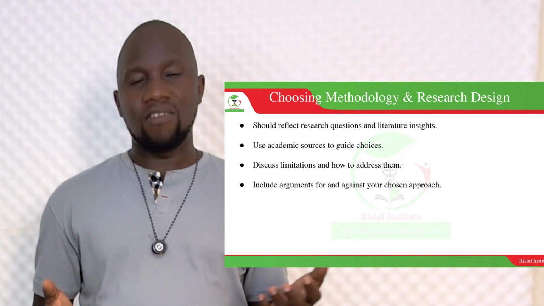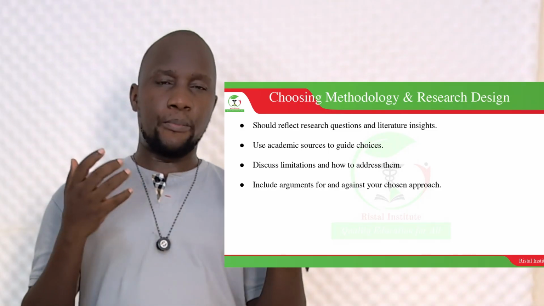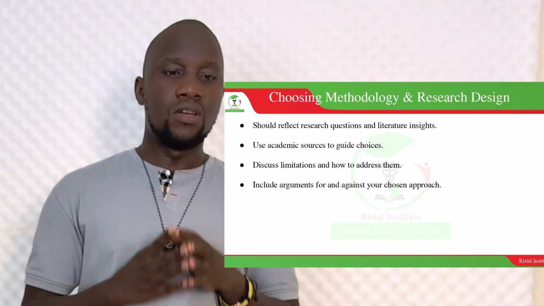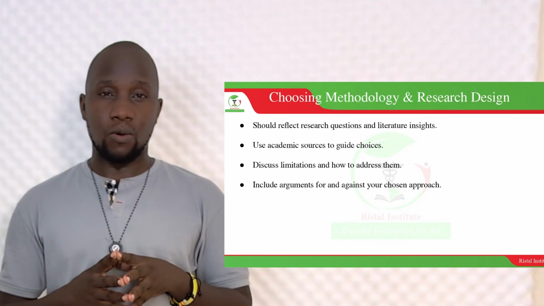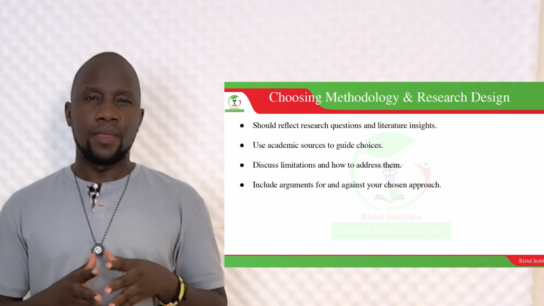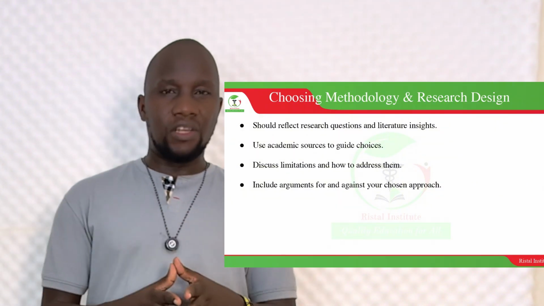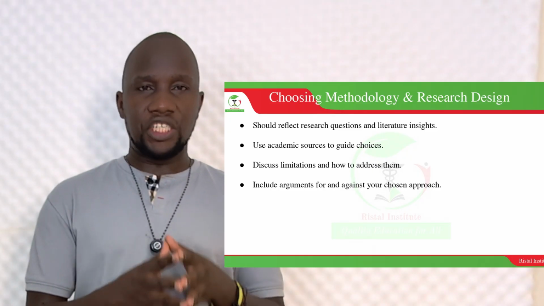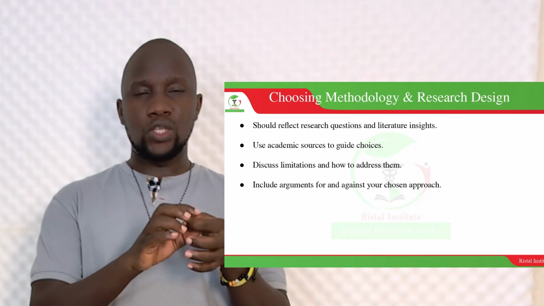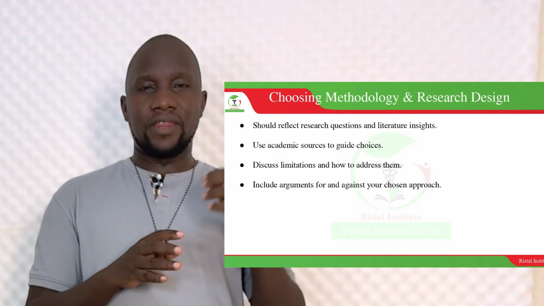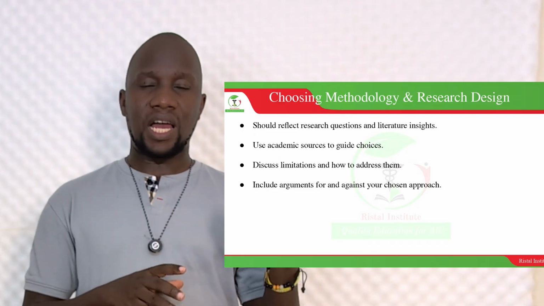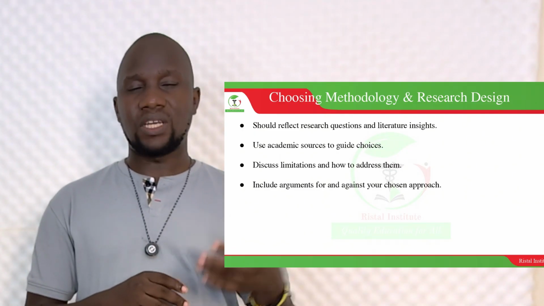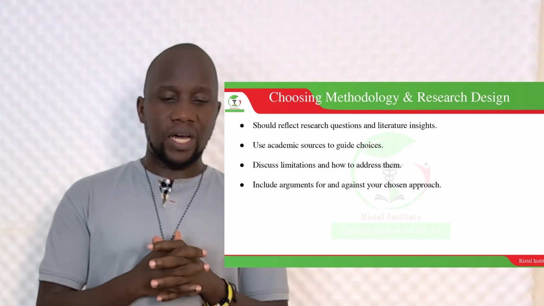Do you have a proper academic justification for what you're choosing? Okay. Still, literature review is very important, and research designs should suit well with the other sections of the research, the research hypothesis, research questions, research objectives, and other parts.